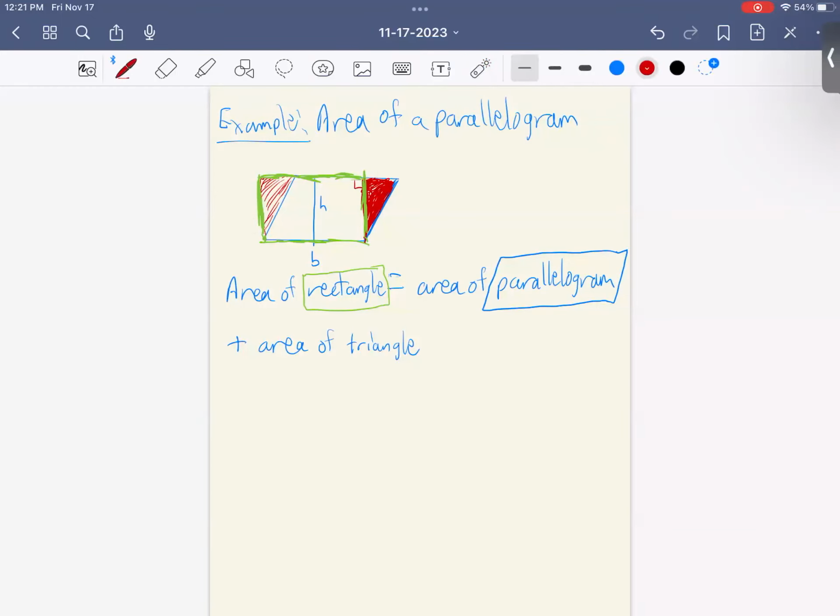So it's the area of the parallelogram plus the area of the triangle on the left, which I'll box in red, and then we have minus the area of the triangle on the right.